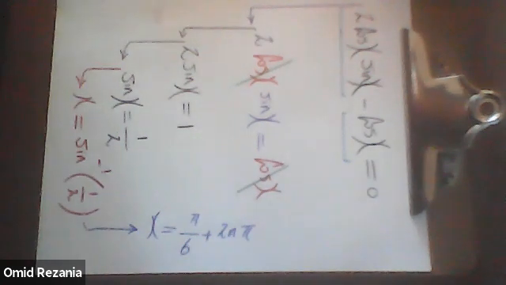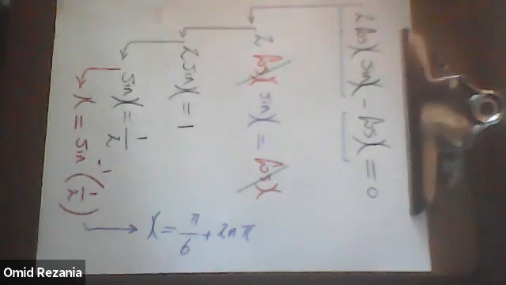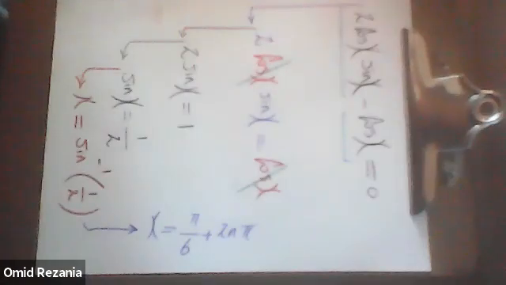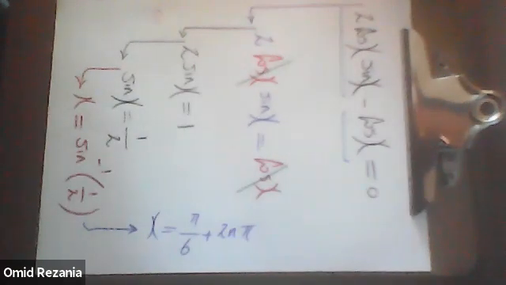And by doing so, it means that I have eliminated a set of information and a complete set of solutions from my main equation. It means that, for example, this equation has 2 hands. By eliminating cosine from both sides, you cut one of the hands of that person, and that person is left with only one arm and hand.